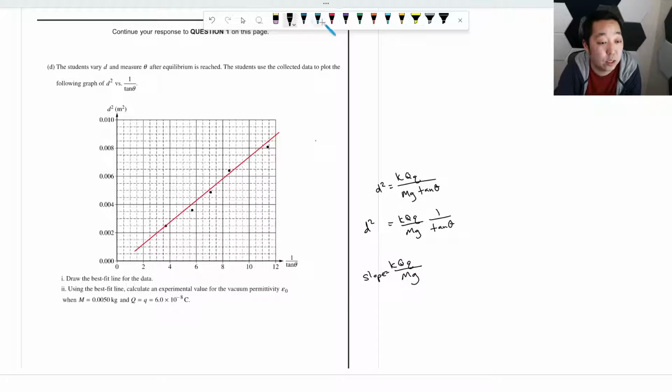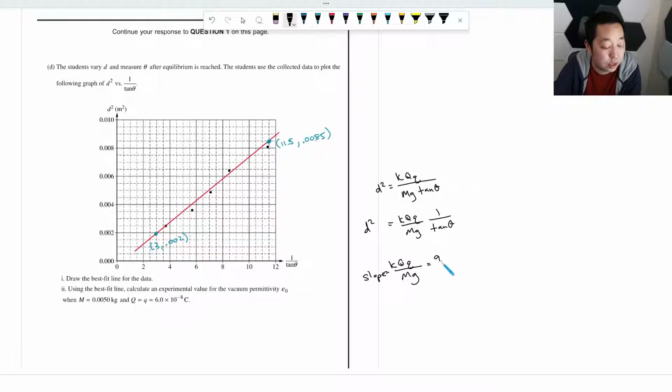Okay, so we want to calculate the slope of this line. Let's pick a couple of points. I'm going to pick this point over here, that's like 11.5. The y value is 0.008, this is 0.009, this is like 0.0085. What about, say, this point? This is about 3 and 0.002. Okay, so let's just do that.